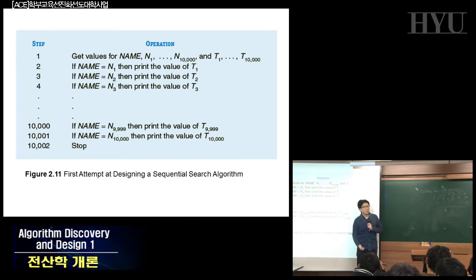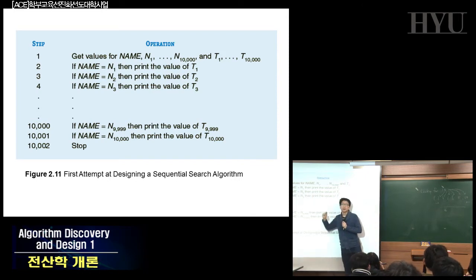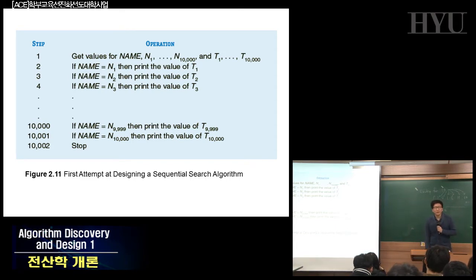So in order to find my name and my telephone number, they probably have to do this. If name is equal to N1, Young, then print the value T1. Sequentially, then I might have to have 10,000 if statements.